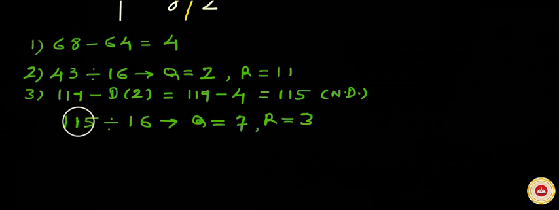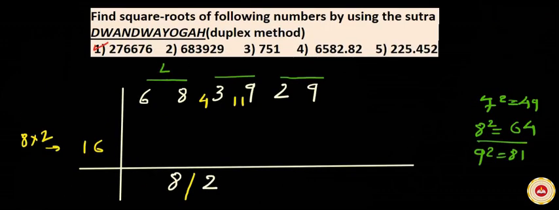Subtract 112 from 115, you get remainder 3. So let us write quotient 7 and remainder 3 as a prefix to next digit of the given number. Now this 32 is our new gross dividend. Now friends, let us calculate net dividend out of this 32, which is gross dividend.